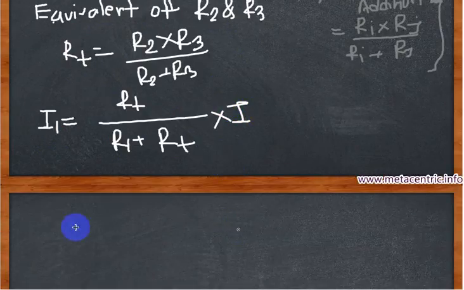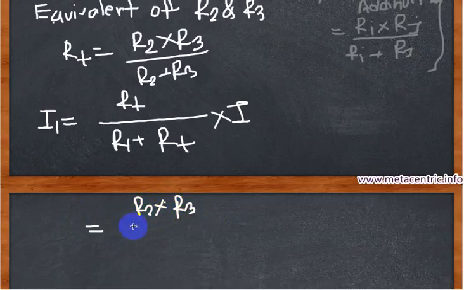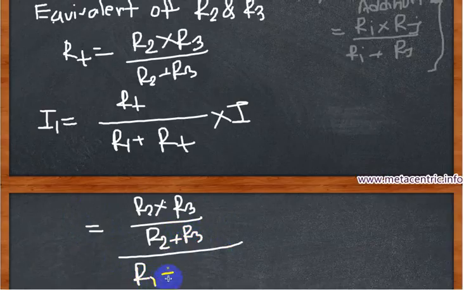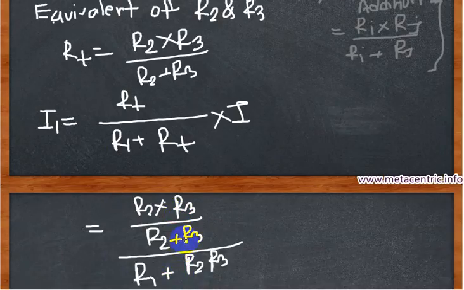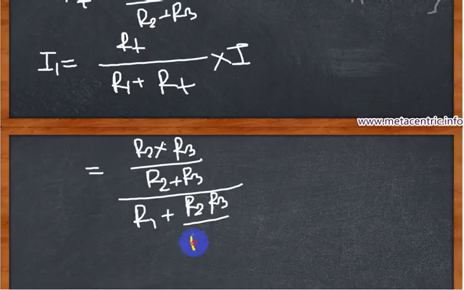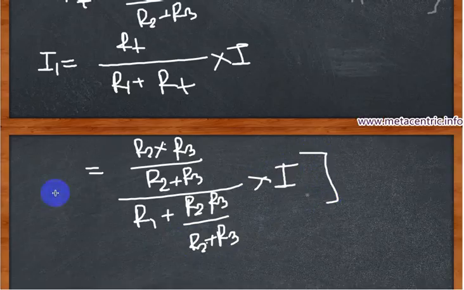So RT means R2 into R3 divided by R2 plus R3, that means R1 plus R2 into R3, so divided by R2 plus R3, into total current I. So in that way we can calculate the value of I1.